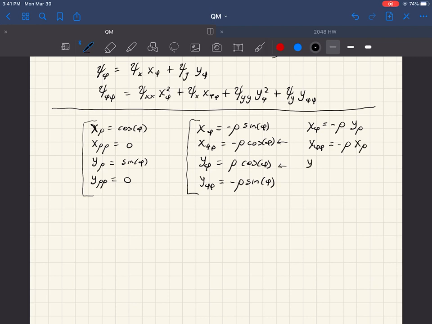Y, at least the phi derivative of y, is equal to rho times the rho derivative of x. And lastly, we have the second derivative of y with respect to phi.